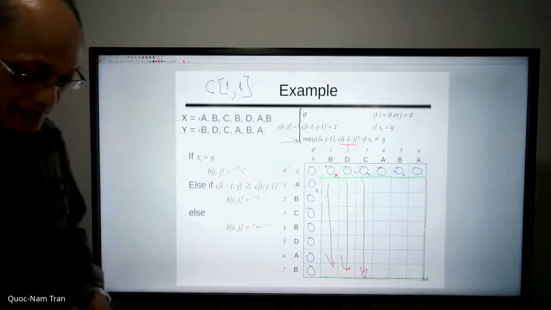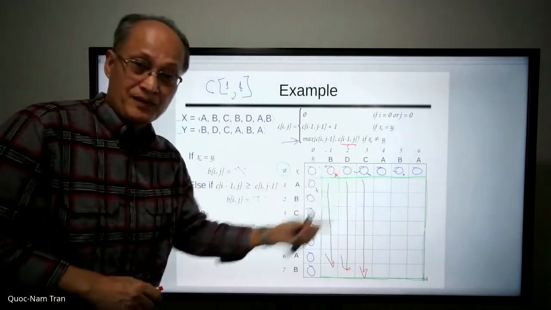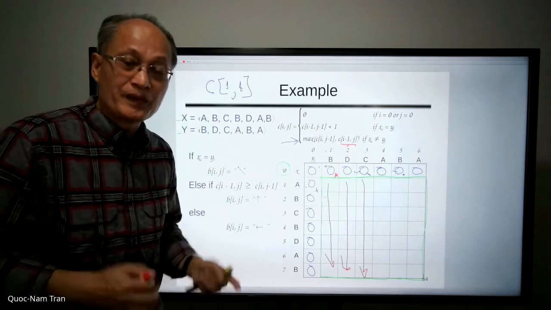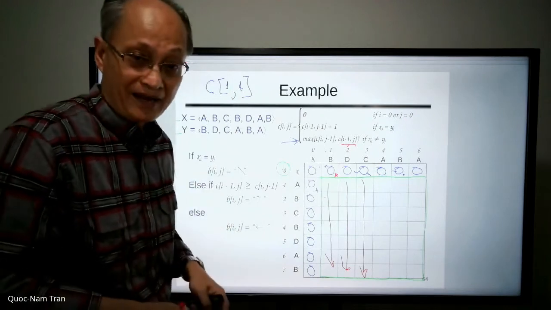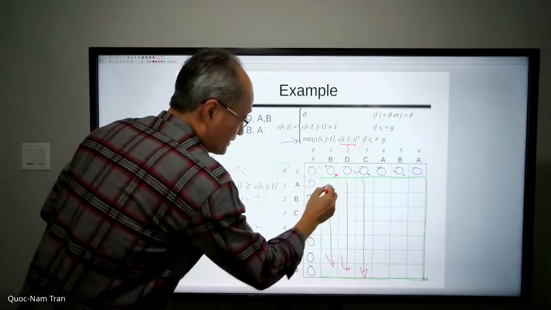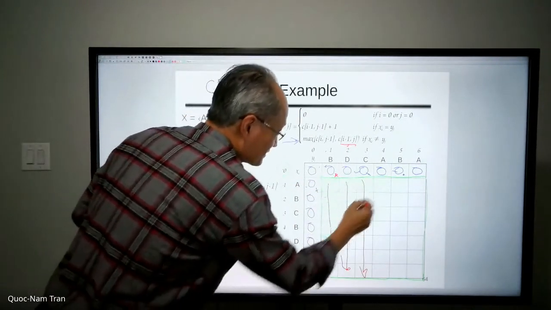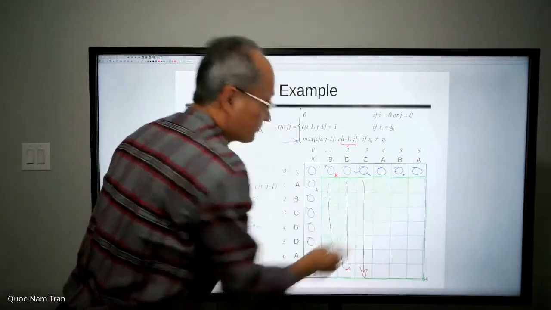And the way for it is instead of going row by row or column by column, we will go diagonal by diagonal. We go this way, this way, this way, this way, this way.